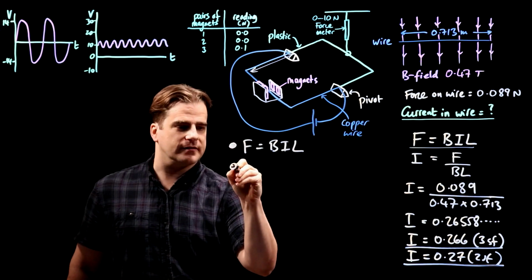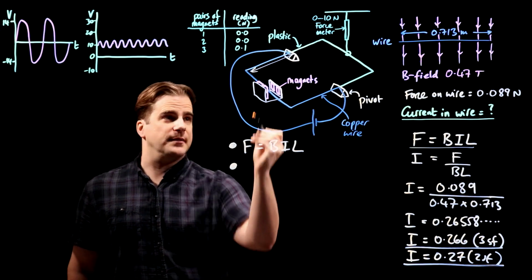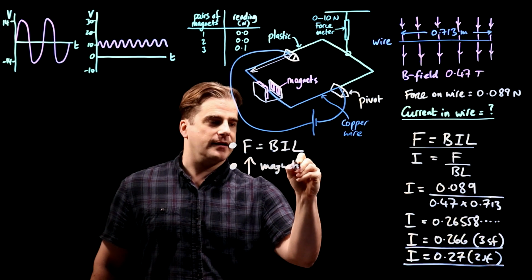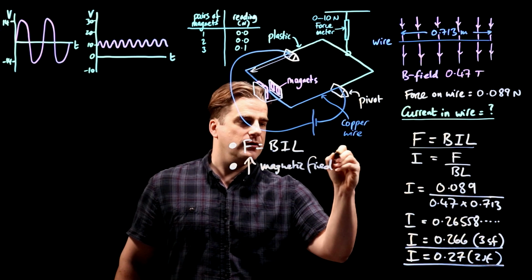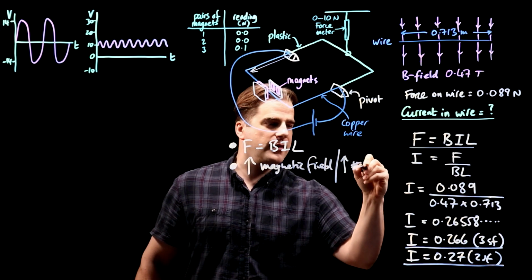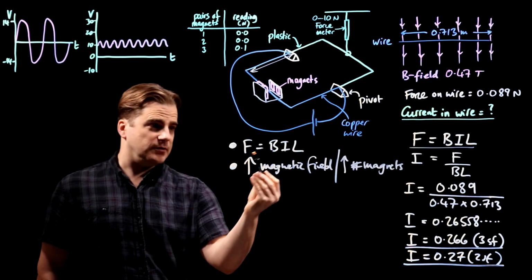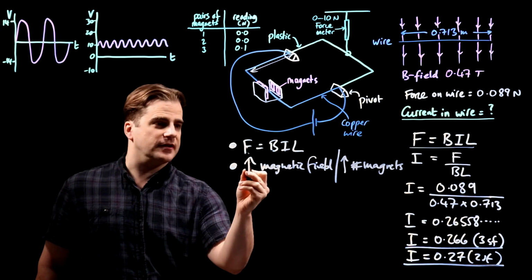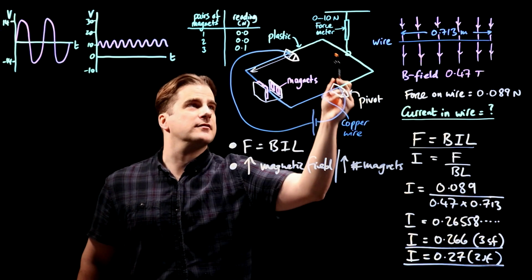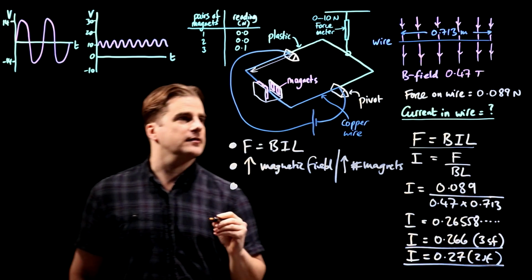So let's rattle through this. So the first thing to do is increase the magnetic field, which means increasing the number of magnets. So increase magnetic field, or increase number of magnets. Okay? Which will therefore, according to the equation, increase the force experienced by the wire and therefore the force experienced by the force meter. Okay, next one. Increase current.